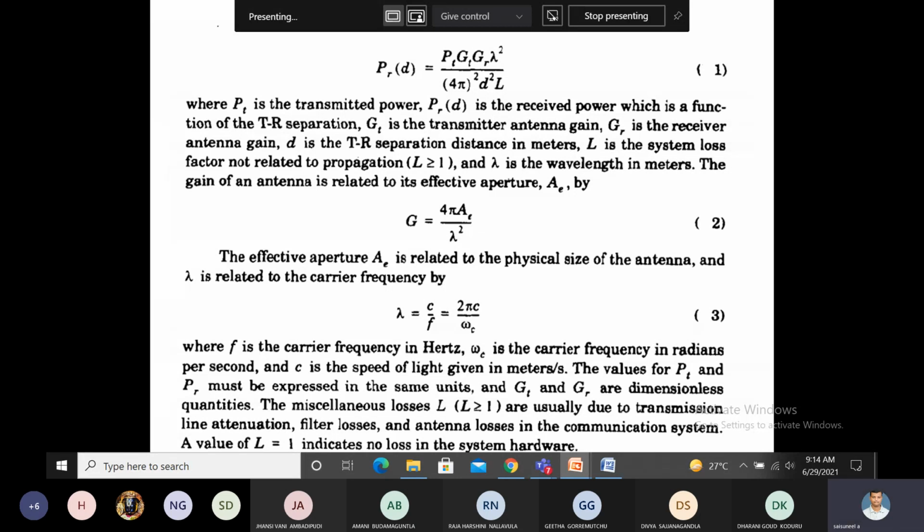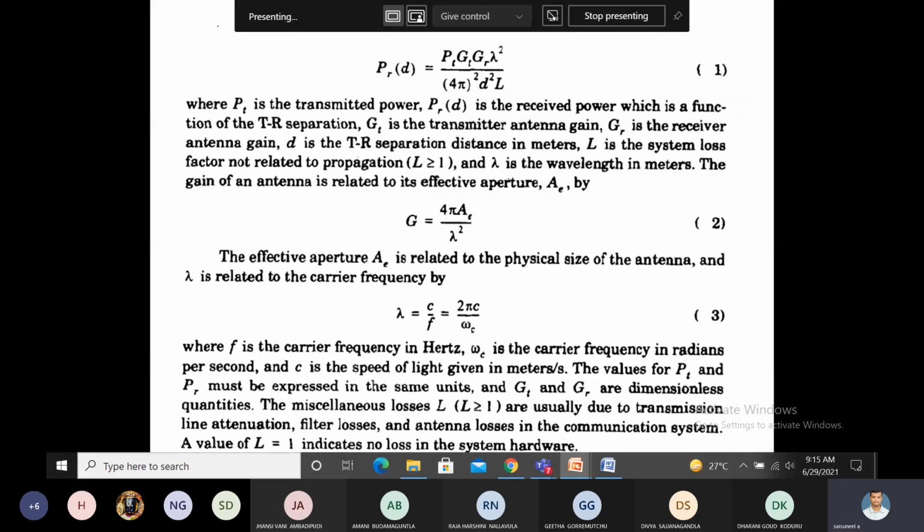From this, we know that the wavelength lambda is equal to C by F, which is equal to 2 pi C by omega C. Here F is the carrier frequency in hertz, omega C is the carrier frequency in radians per second, and C is the speed of light in meters per second.